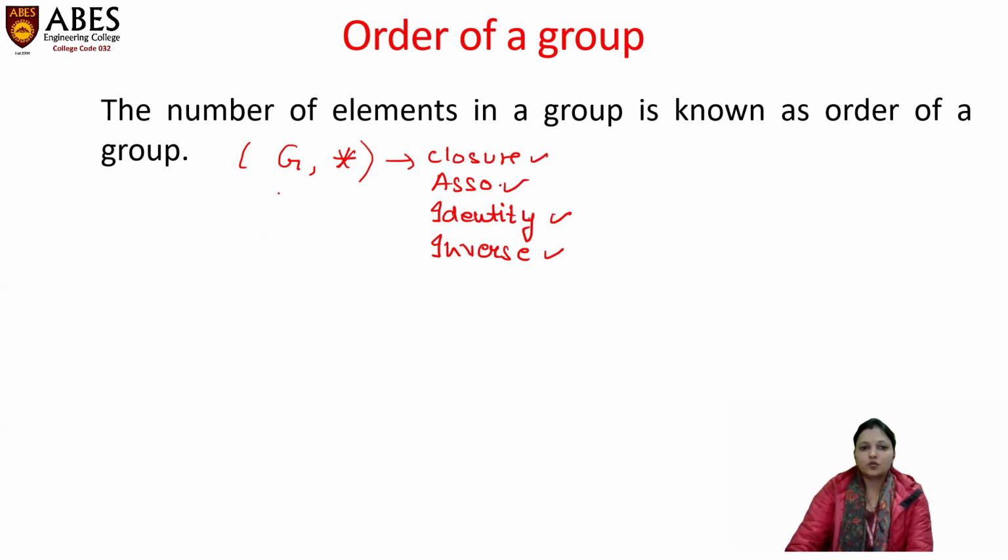Then this structure is known as a group. So the order of a group is the number of elements in this set. This is a set and this is a binary operator.